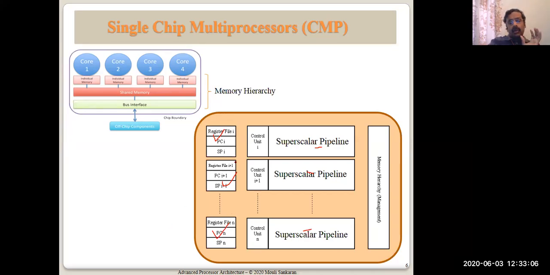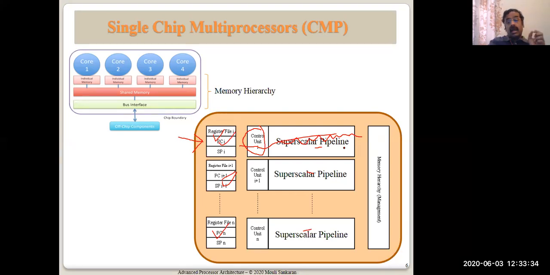Each of those cores has a common, separate context, and they have a separate control unit for the superscalar pipeline. That means the instructions of a particular process running on this core have complete control of what is running on all the execution units.